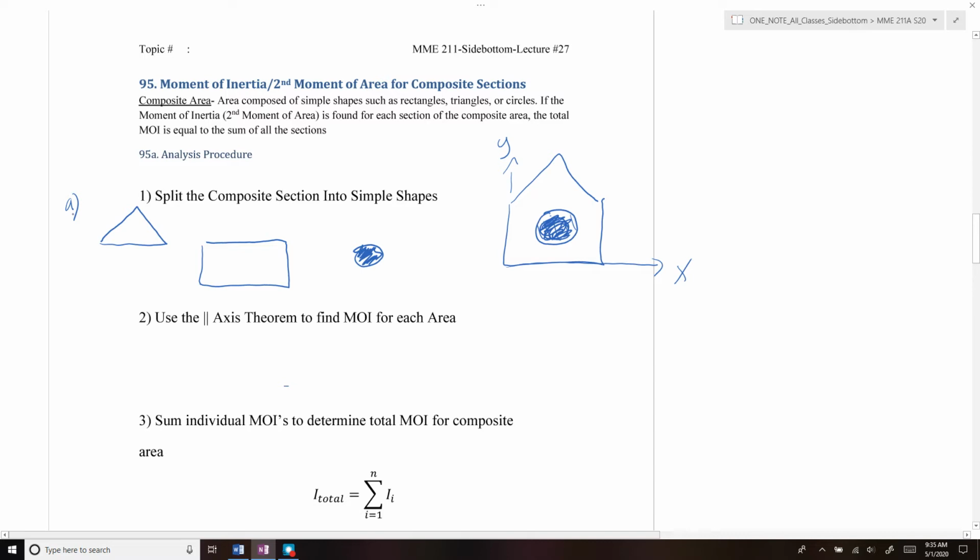The second thing we would do is find the distance. If we were trying to find the moment of inertia about the x-axis, we would want to determine the distance from the x-axis up to the centroid of each of our shapes.